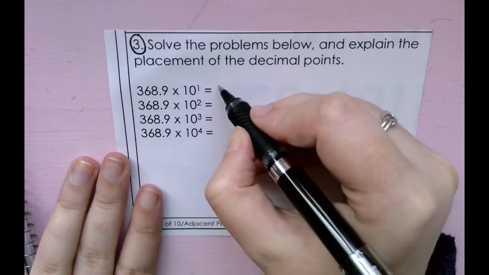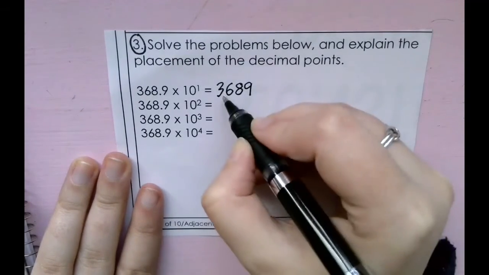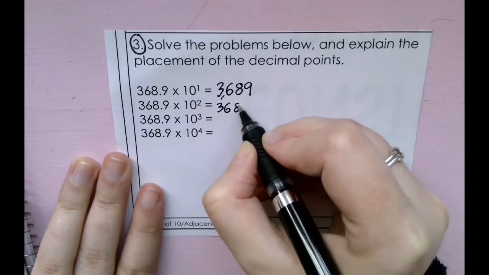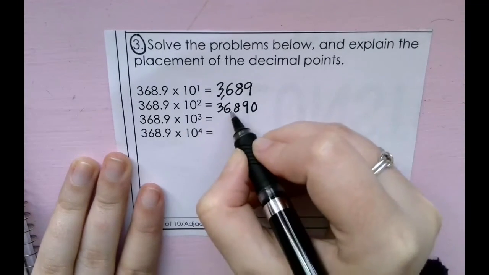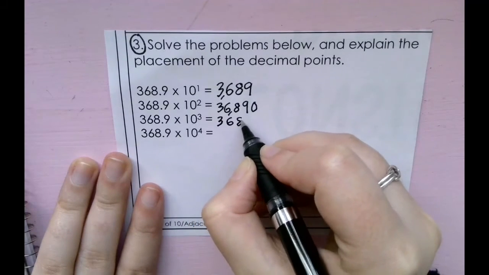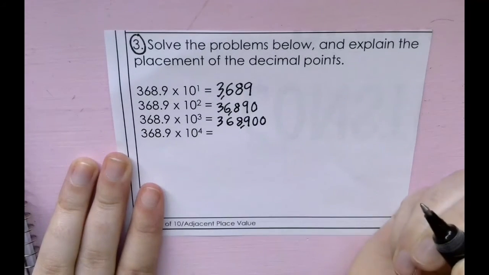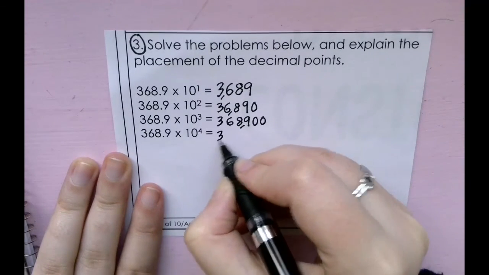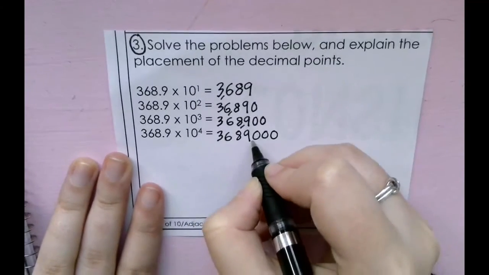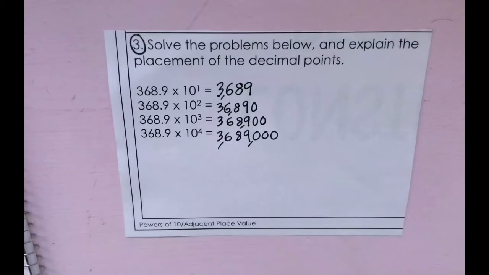Alright, this is what you should have gotten. 1 place value. 2 place values. 3 place values. And 4 place values. I hope you got those ones right.